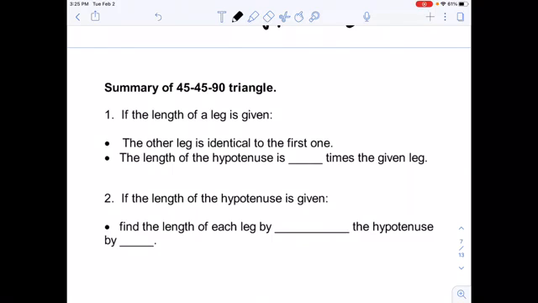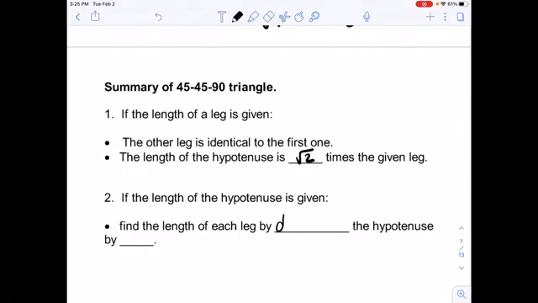And the length of the hypotenuse is root 2 times the given leg. Or if the length of the hypotenuse is given, find the length of each leg by dividing the hypotenuse by root 2. So you can think of it that way too, instead of setting up a proportion. Either way is totally valid. Choose your favorite.